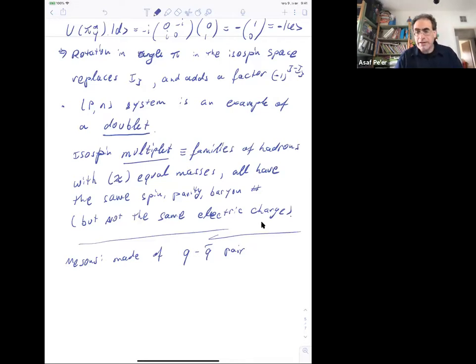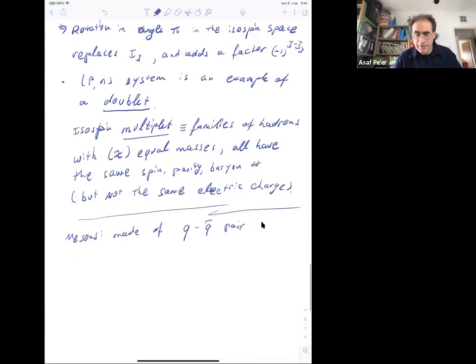So what we want is a way of describing the anti-quarks such that they will perform the same way as quarks if you want to put them in a doublet.